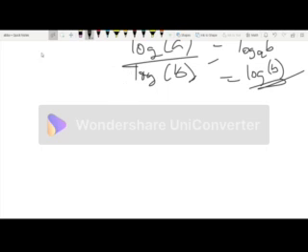So now note that acidic solutions have a pH that is less than 7, right? Now why is that?